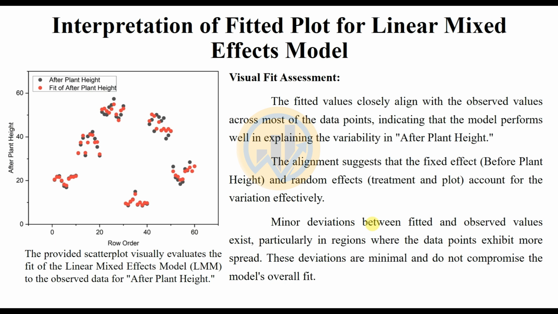The alignment suggests that the fixed effect before plant height and random effect for treatment and plot account for the variations effectively. Minor deviations between the fitted and observed values exist, particularly in the regions where the data points are more spread. Those deviations are minimal and do not compromise the model's overall fit.